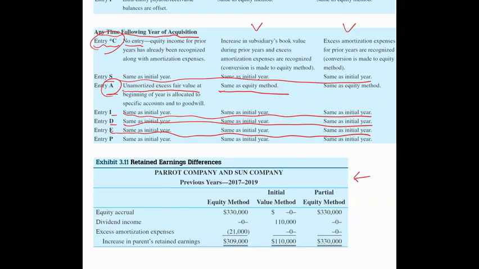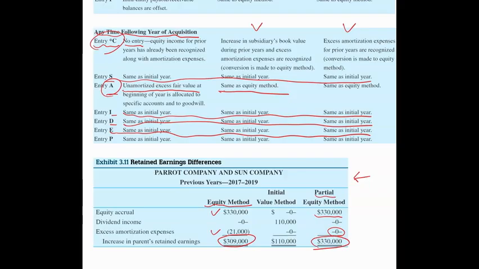If the parent uses the equity method, then in its retained earnings it's going to include the subsidiary's earnings less this amortization expense. In total, this is like 309. Well, if a company uses the partial equity method, then it only accrues the income, but there's no adjustment, so it's going to record larger equity income in the parent's retained earnings.